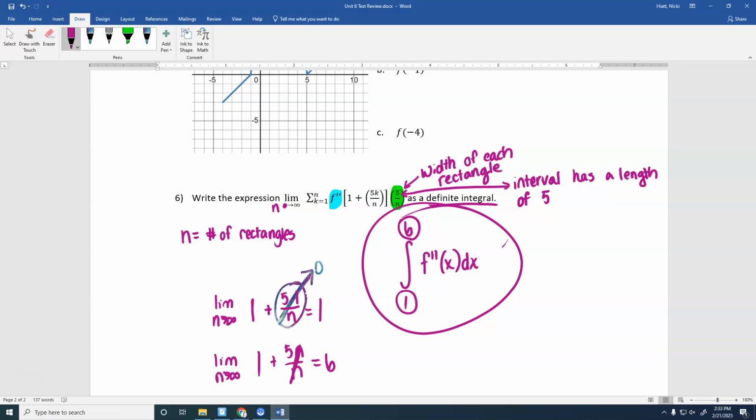So if you take the inside part of your function and plug in the starting value, which should be 1 every time, and plug in the ending value, which should be n every time, that'll help you find these limits right here.